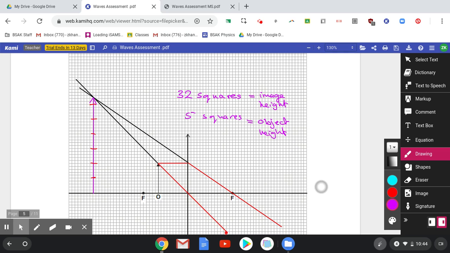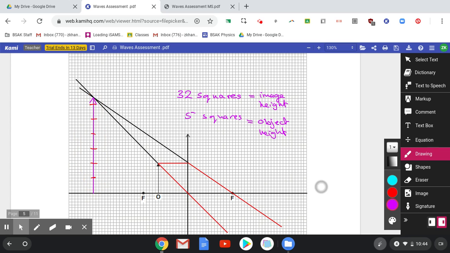Light is not converging on this side, so it must converge on the other side. It in reality doesn't, but it appears to converge on this side, which is why we get an upright, virtual, enlarged image.